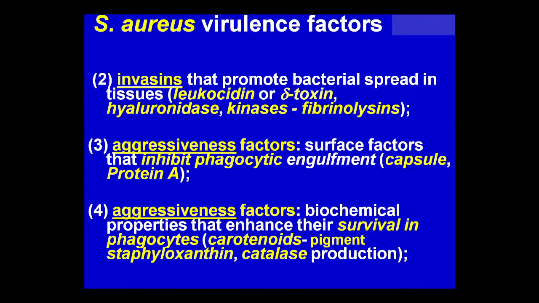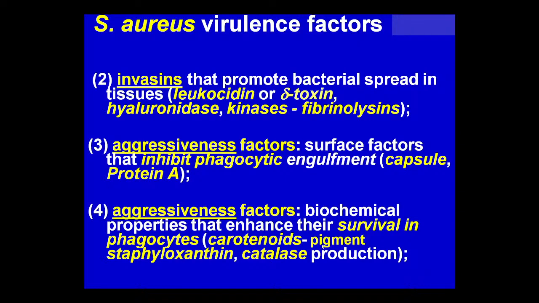These factors may inhibit the activity of phagocytes, the migration of phagocytes toward the site of inflammation. Then they may also inhibit the ability to engulf bacteria and so on. Then some other aggressive factors may help bacteria to survive inside phagocytes, inside macrophages.